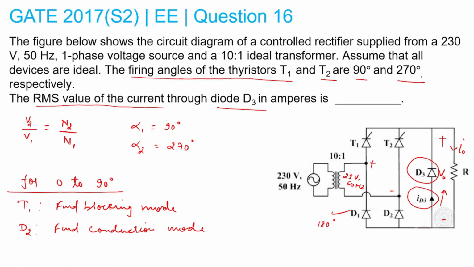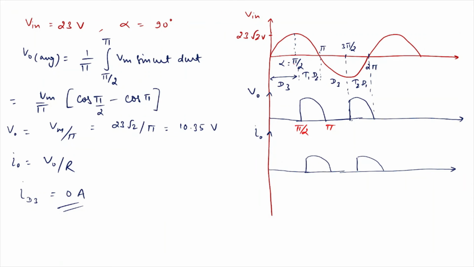But there is another catch, that it is a resistive load. So for a resistive load, after pi, it would not be in conduction mode, right? So D3 would not conduct.